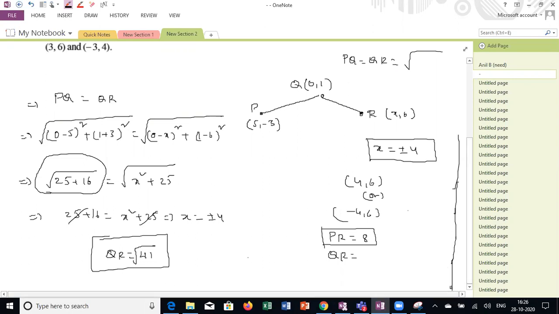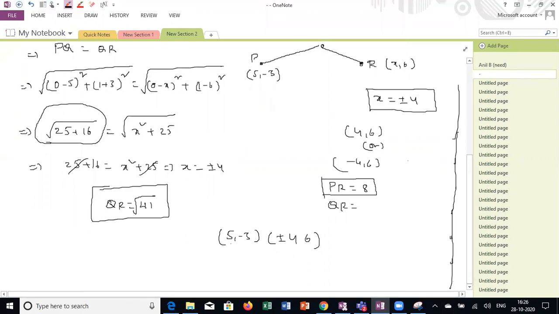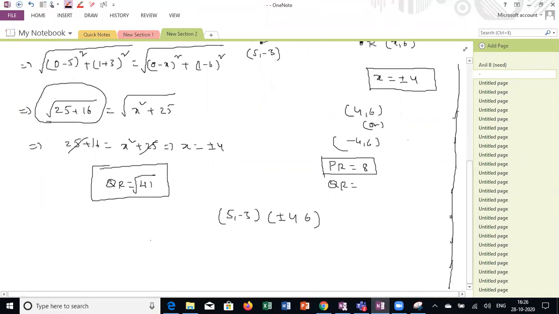Let's see. Points (5, -3) and (plus or minus 4, 6). If I'm keeping x as 4, (5 minus 4) whole square plus (-3 minus 6) whole square under the root.